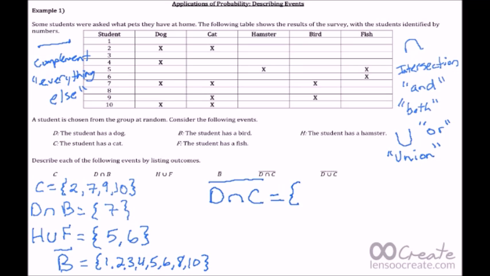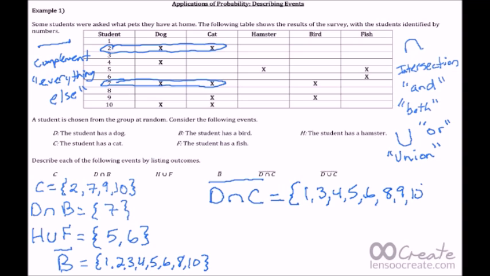So we're going to find the students that have a dog and a cat, and it looks like student 2 has a dog and a cat, and student 7 has a dog and a cat. So we are not going to write those numbers down because that line above tells us we want everything else. So we're going to write 1, not 2, then 3, 4, 5, 6, 8, 9, and 10.